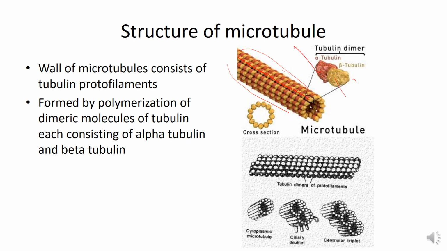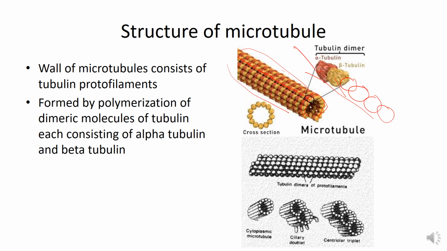So the repeated arrangement of alpha and beta tubulin forms the tubulin protofilaments. The tubulin subunits are aligned lengthwise as protofilaments, with 13 parallel protofilaments forming the circumference of each microtubule wall.